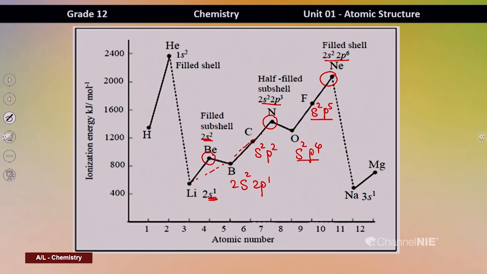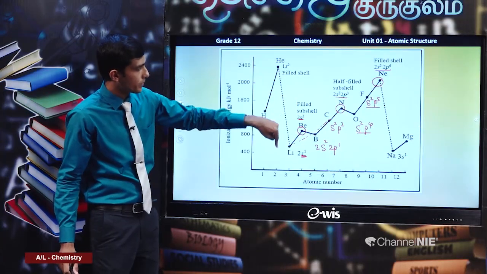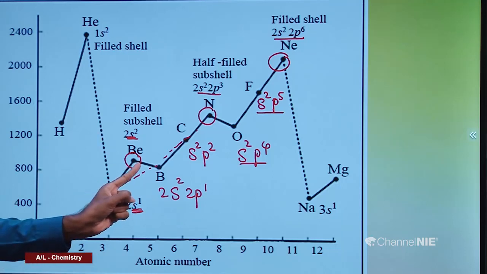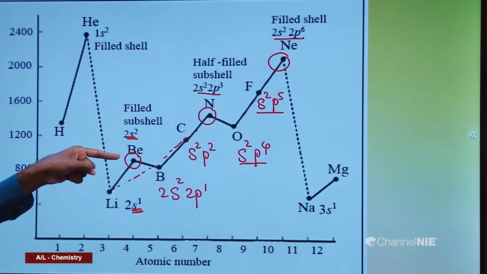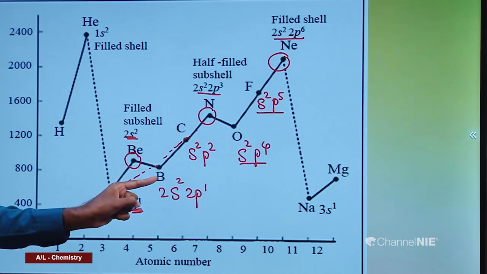So we can say that the s2 configuration is more stable than the s1 configuration in the valence shell, and the s2p1 configuration is less stable compared to s2. So there is a decrease in the first ionization energy from beryllium to boron.